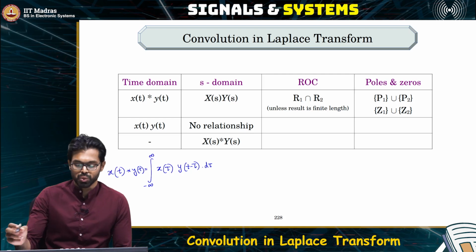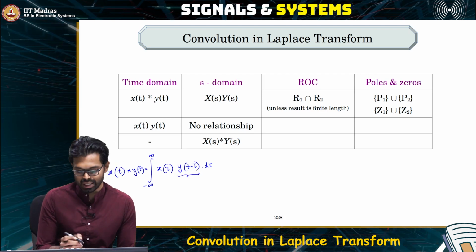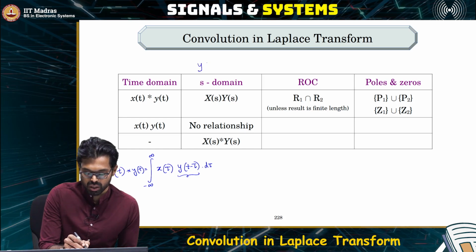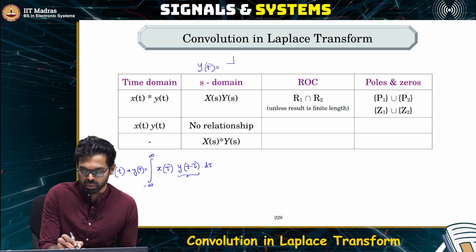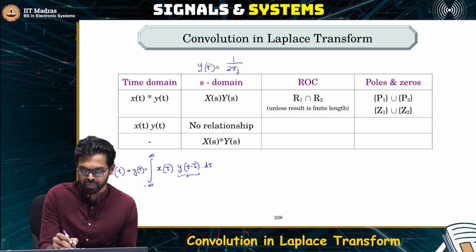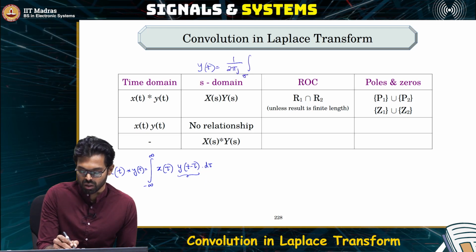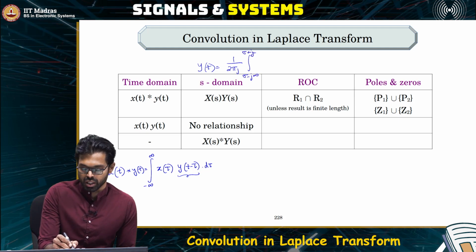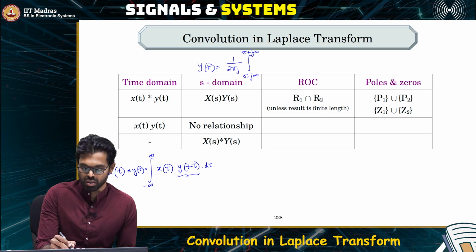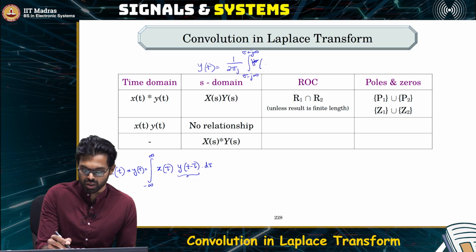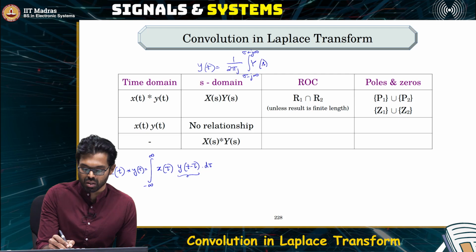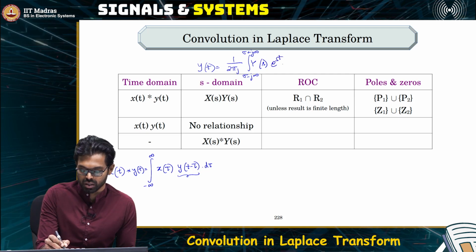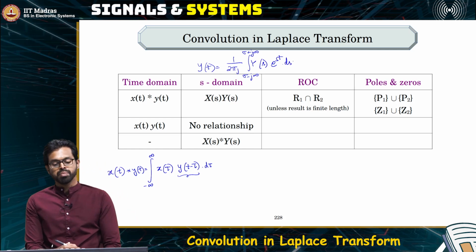Now first what we'll do is we'll substitute the inverse Laplace transform equation for this. So we know that y of t according to the inverse Laplace transform is 1 by 2 pi j integral from sigma minus j infinity to sigma plus j infinity of Y of s e power st ds.